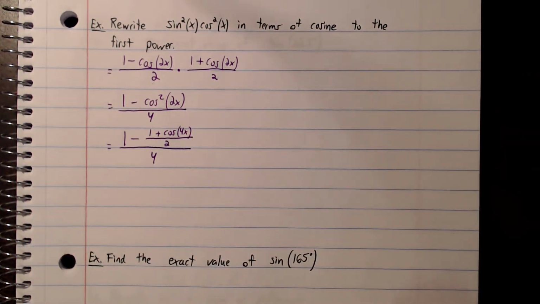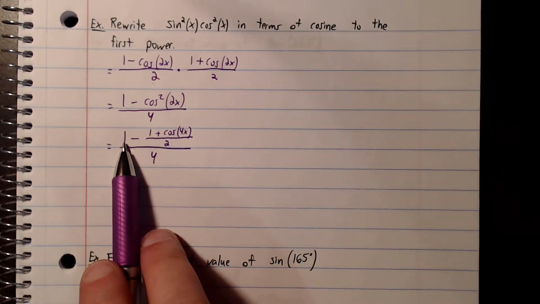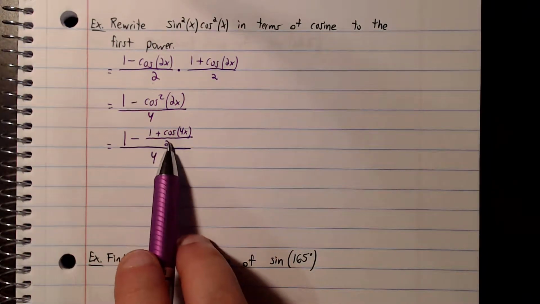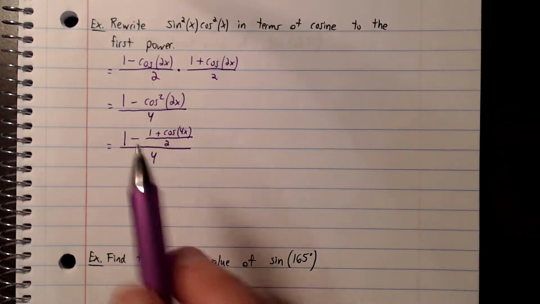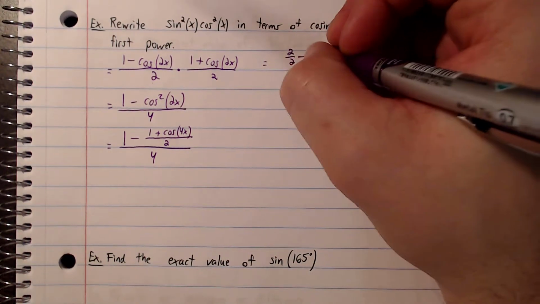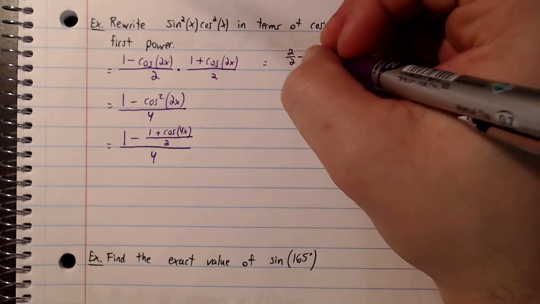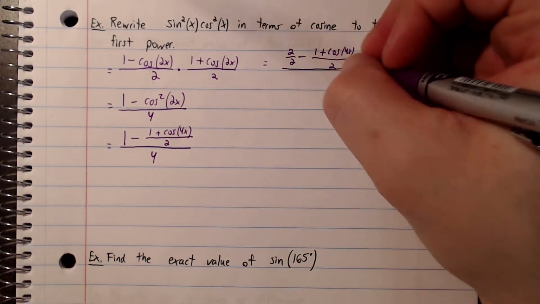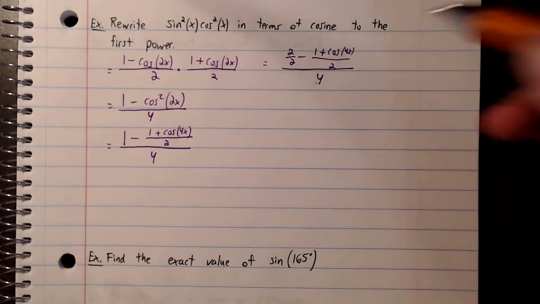Now this isn't the greatest in the world. I have a positive 1 here, and I have a denominator of 2. So I'm going to have to change this 1 into a 2 over 2 in order for me to do that subtraction. So 2 over 2 minus 1 plus cosine of 4x over 2, all over 4. Now here's something that you might miss.